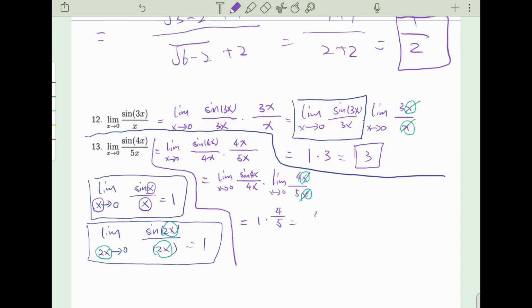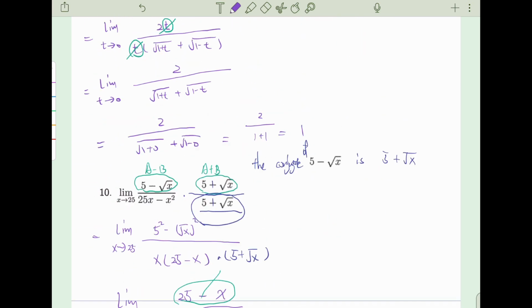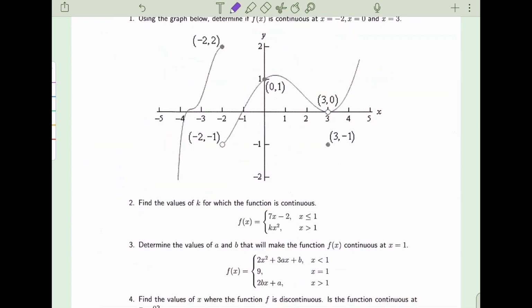So the answer is 4 over 5. That is very simple. Okay, so that is how we use this limit. Now let's move on to the next question.